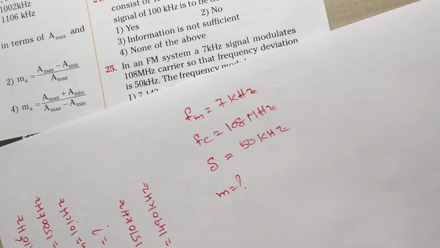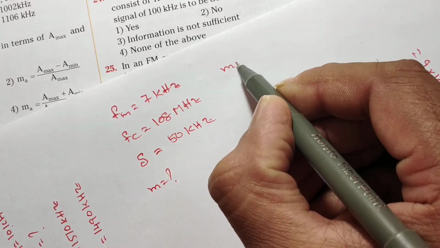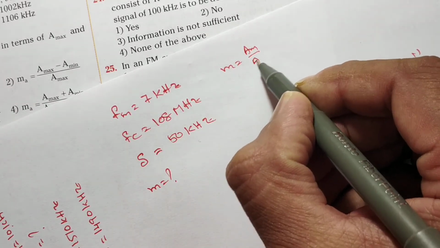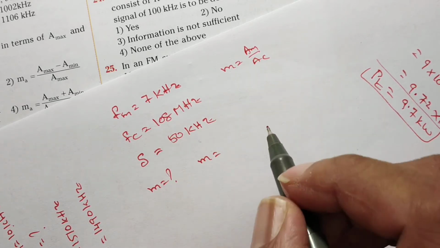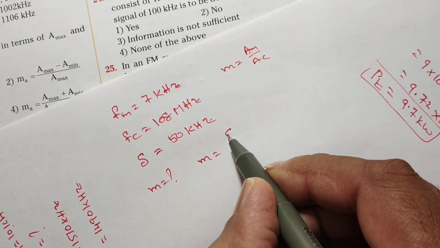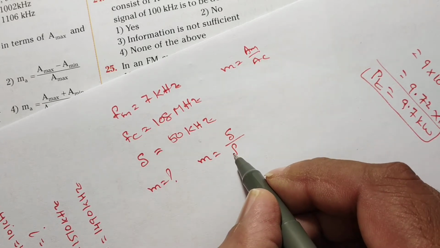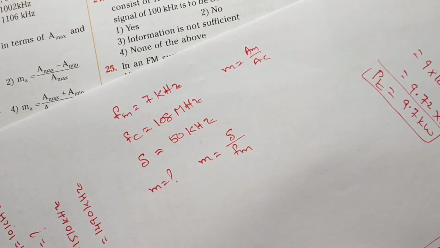Already we know amplitude modulation index is AM by AC. Here they ask for the frequency modulation index, which is the frequency deviation divided by FM, the message signal frequency.